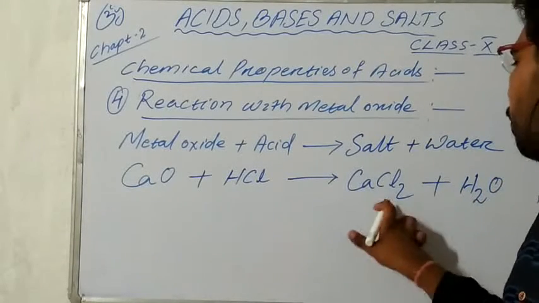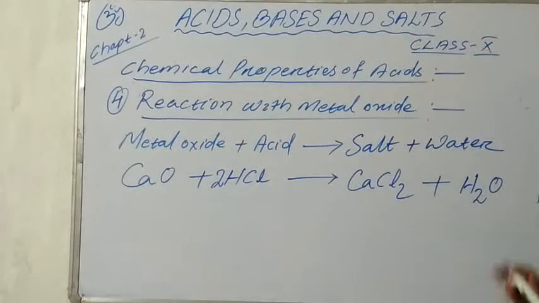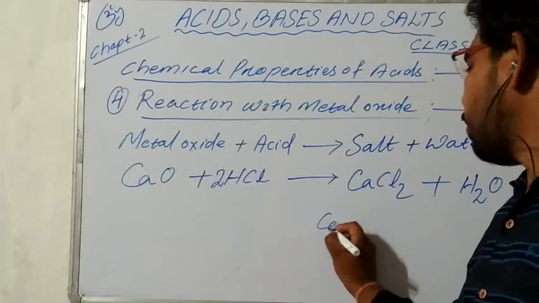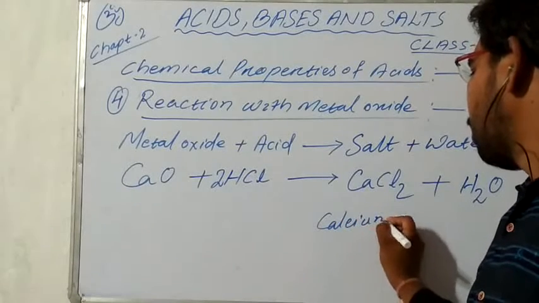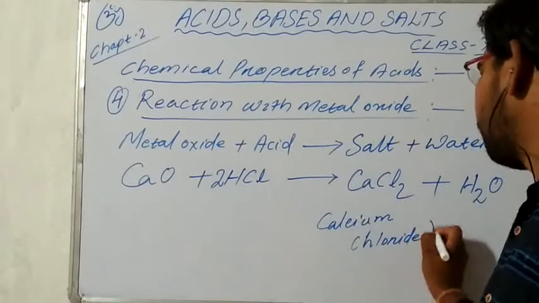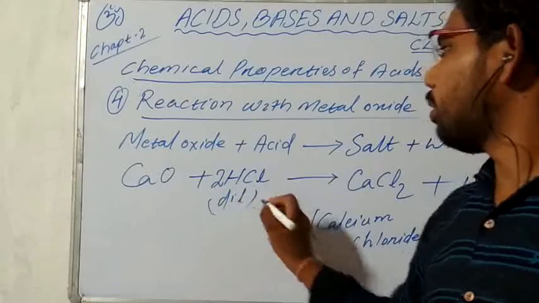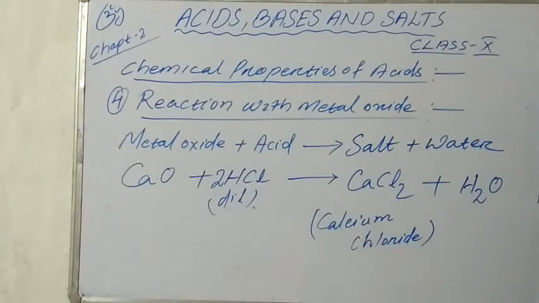There are 2 chlorines, so we have to multiply by 2 and balance. This is the dilute acid. This is an example of acids reacting with metal oxides.